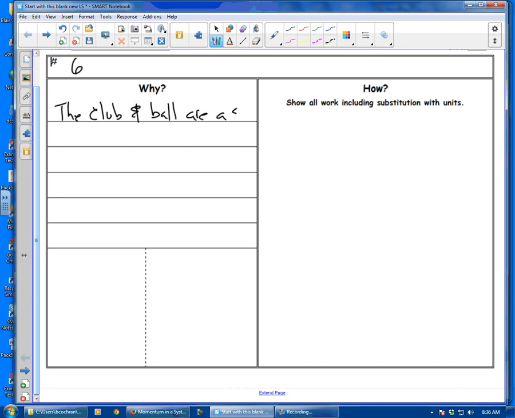are a system. And then momentum is conserved in the system. Probably most I need to express.